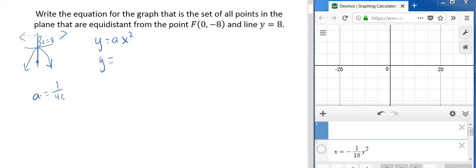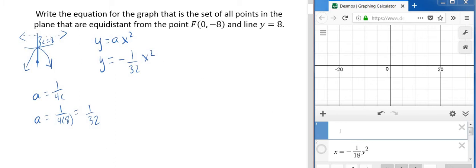So our c value, if you look at it here, is an 8. So a equals 1 over 4 times 8. Well, that's 1 over 32. Okay. Now it is negative because we're opening downward. So we have negative 1 over 32 times x squared.